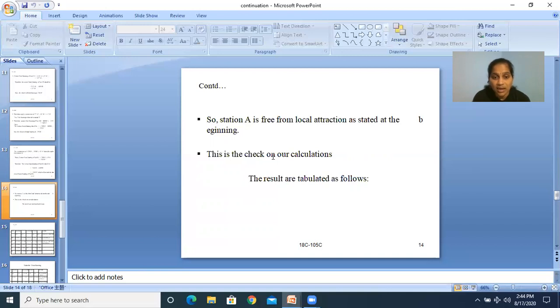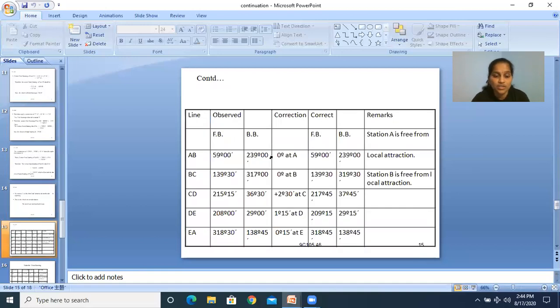This is the check on our calculations. The results are tabulated as follows. So these are the observed forebearing and back bearing, and this is the correction. You have to fill the table likewise, with the correction at forebearing and back bearing.